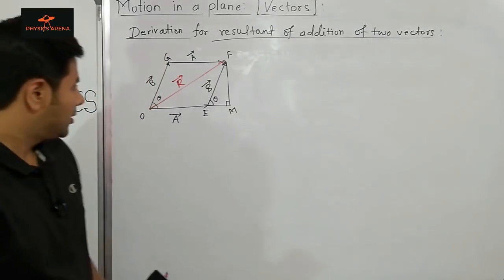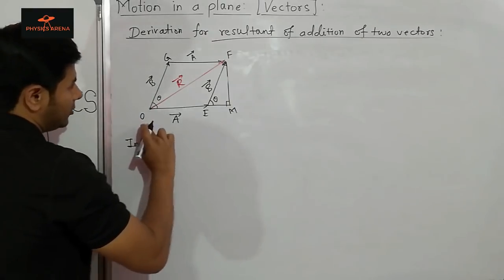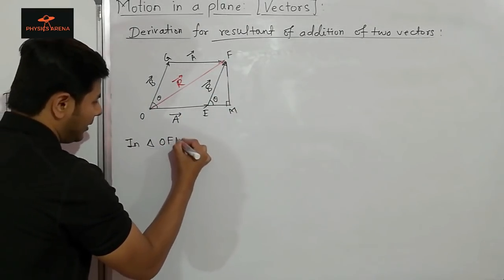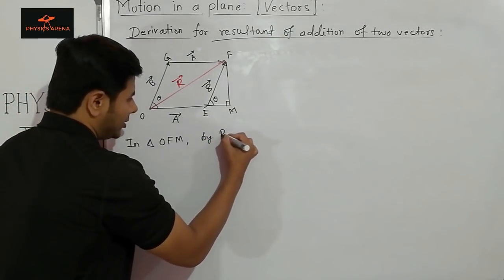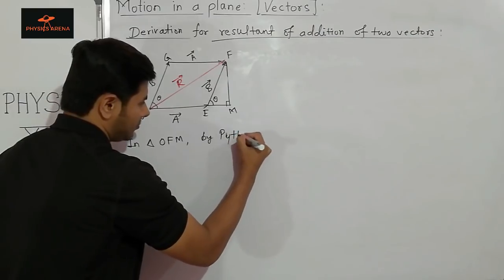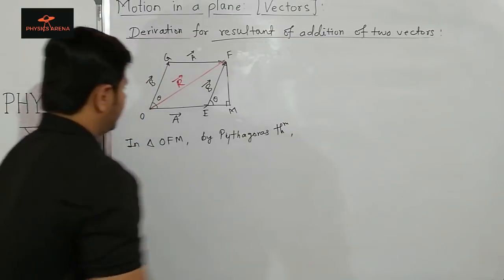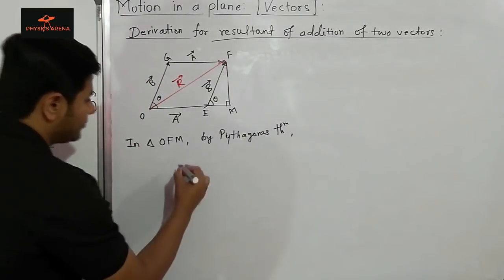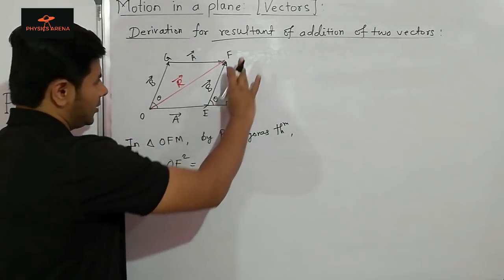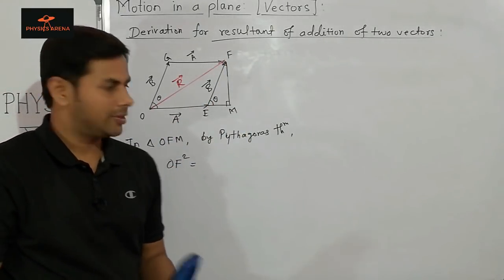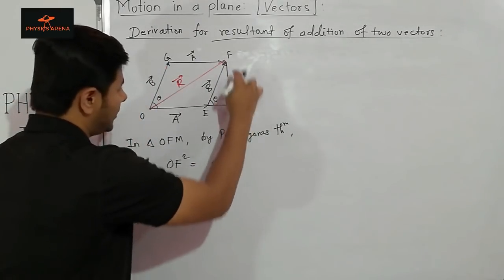So let's take this triangle. I can say in triangle OFM, by Pythagoras theorem, OF square, the hypotenuse square, is equal to the sum of squares of these perpendicular sides. So OM square plus FM square.